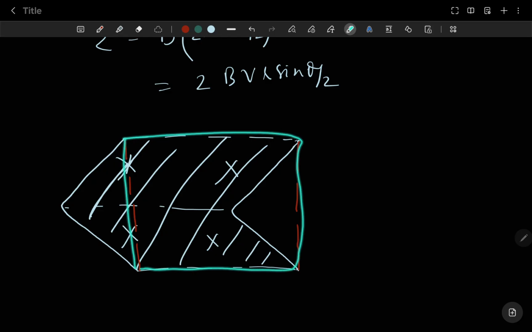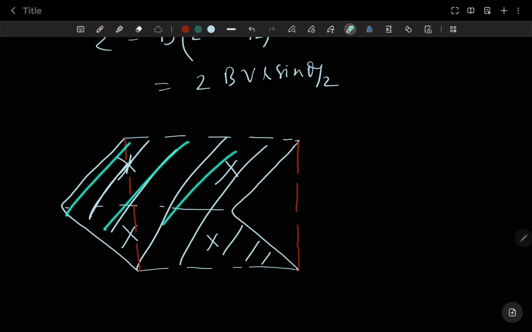Clear? Fine. So this shaded area is basically the area of this rectangle, right?